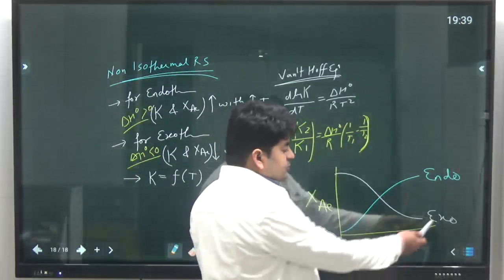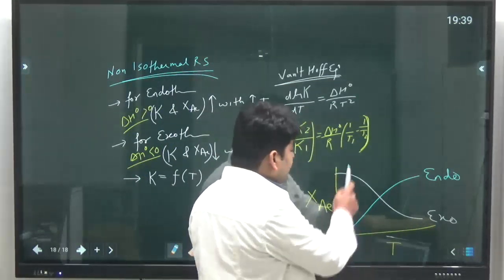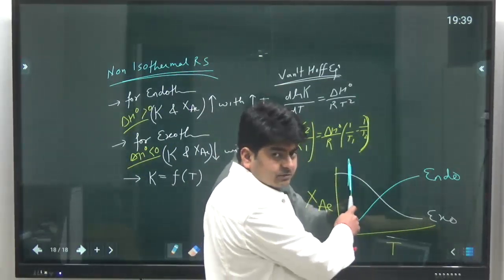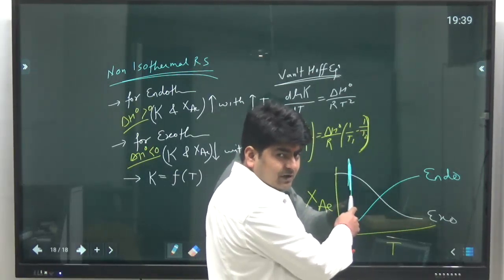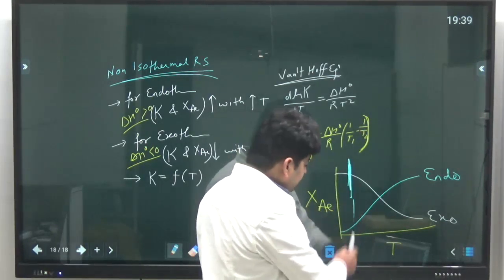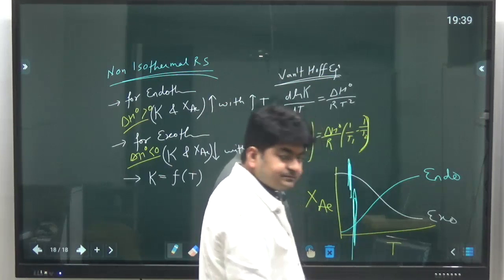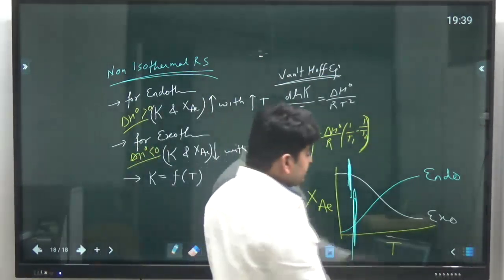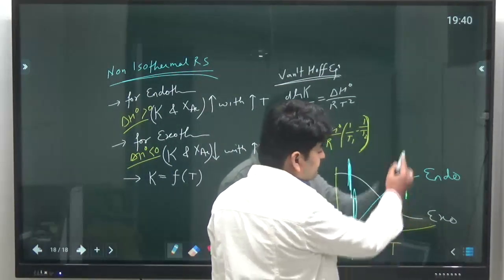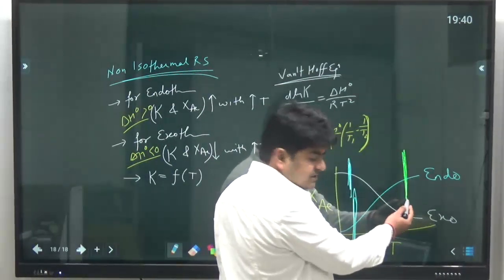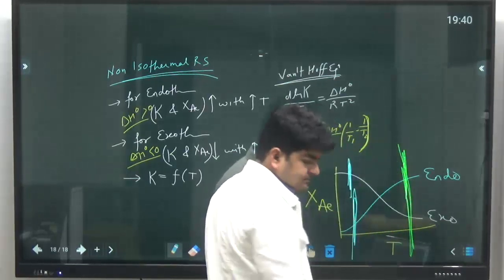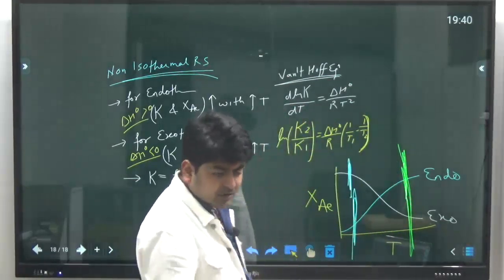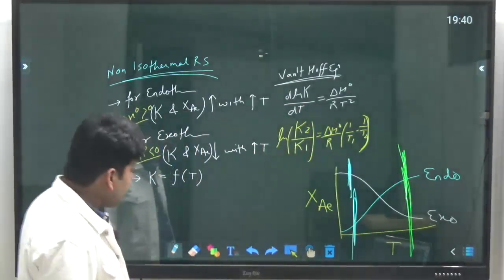So it's obvious for exothermic reactions, if I want higher conversion, so I will conduct those reactions at lower temperatures. And for endothermic reactions, if I want higher conversion, I have to conduct those reactions at higher temperatures. Okay, so I hope it is clear to all of you.